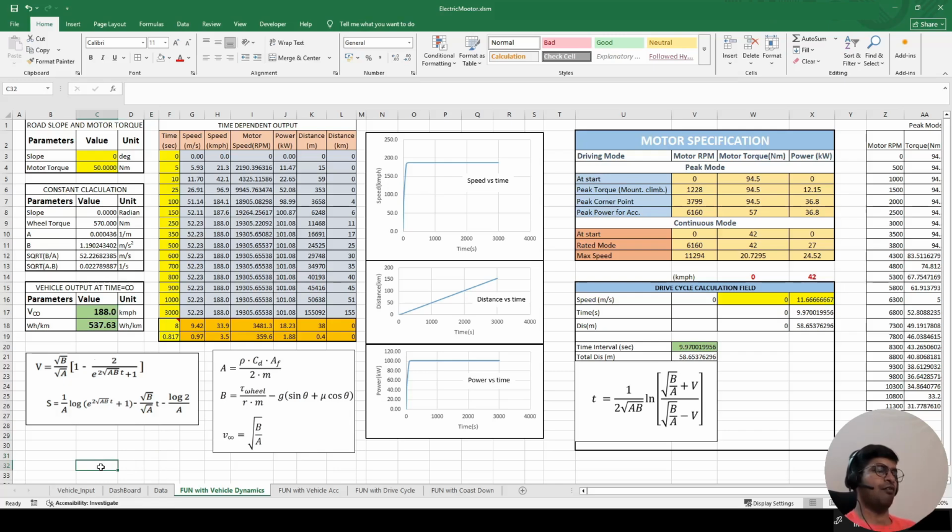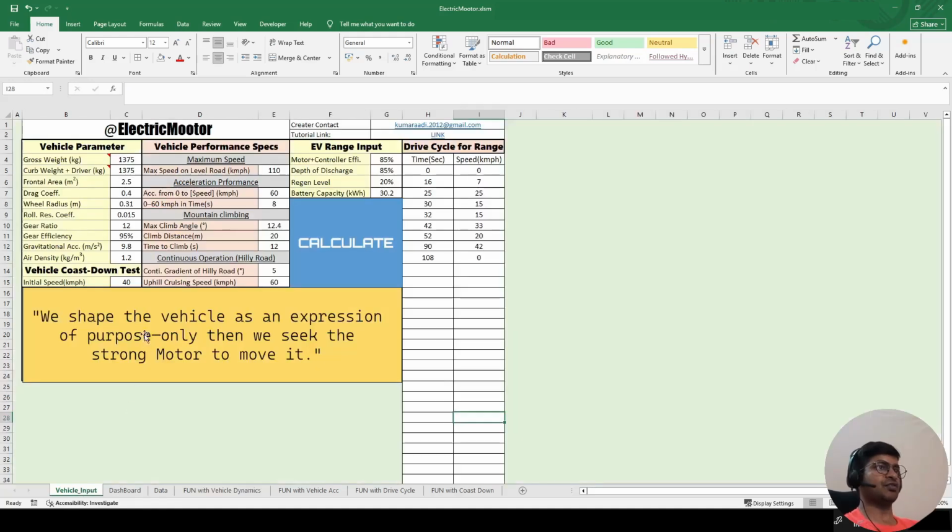Just write this number down to compare it with the new rolling resistance. So the motor torque is 50, the constant vehicle speed is 188, and the watt hour per kilometer is 537.63.